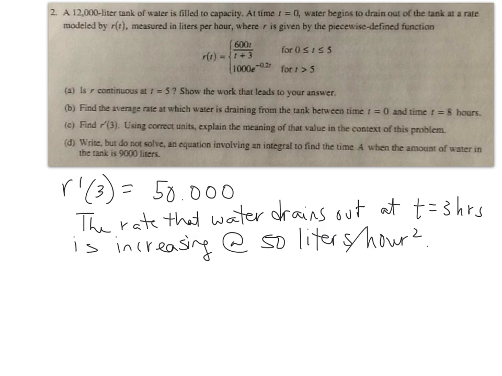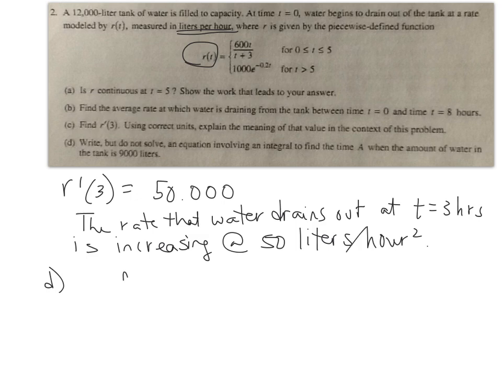All right, part D, the last part. Write but do not solve an equation involving an integral to find the time A when the amount of water in the tank is 900 liters. So this is to actually find the amount of water. So to write the amount of water, since R of t is measured in liters per hour, if I find the integral, that will multiply the independent and dependent variables, resulting in just liters.